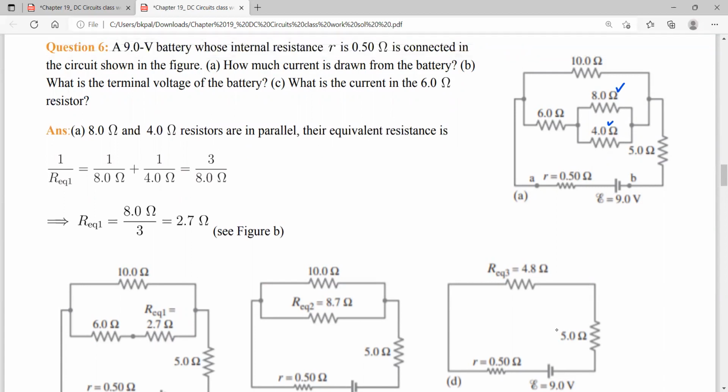When I determine the equivalent resistance, I get something like this. Here I call it Req1. So 1 over Req1 equals 1 over 8 plus 1 over 4, and this gives me this, and the reverse of it is 2.7 ohms.